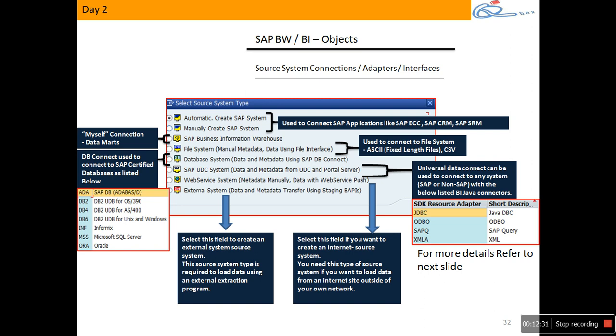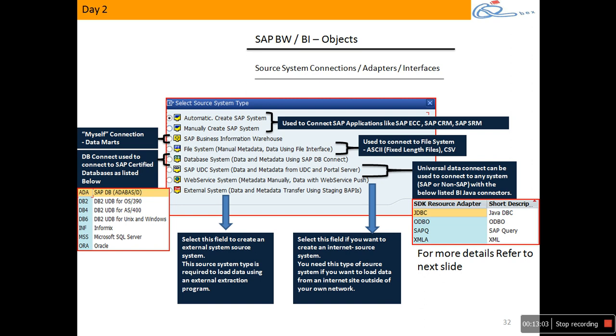So when you want to connect some third party ETL tools like BODS, Informatica or DataStage, we use this connection, external systems with BAPI. Clear on this? That's the ultimate. With this, will I be able to connect any application? In fact, if I'm not able to do anything with the others, I can ultimately go with at least ETL tools and then get it connected to BW. I'll use some middleware like an ETL tool such as Informatica, DataStage or BODS, connect the source, and connect it to BW.